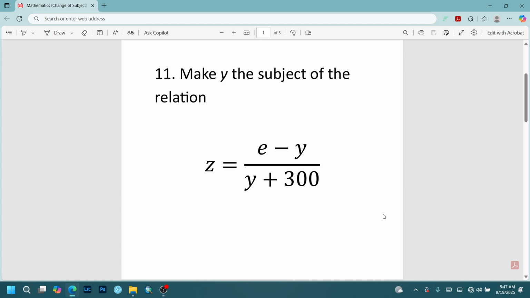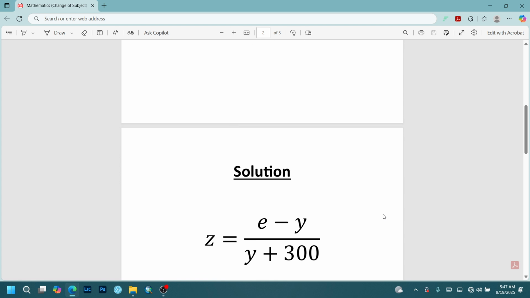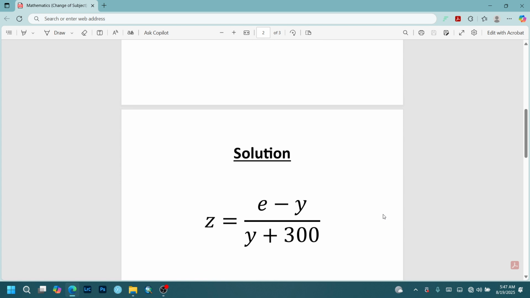Our given relation or equation is z equals the fraction (e minus y) over (y plus 300). So we are to make y the subject of the relation. Our starting equation is z equals (e minus y) over (y plus 300).